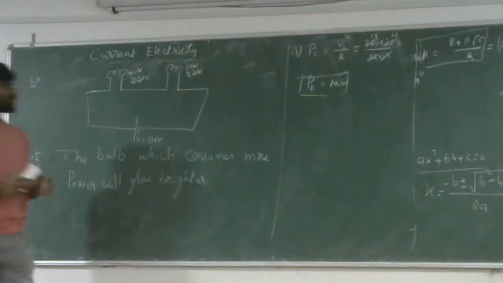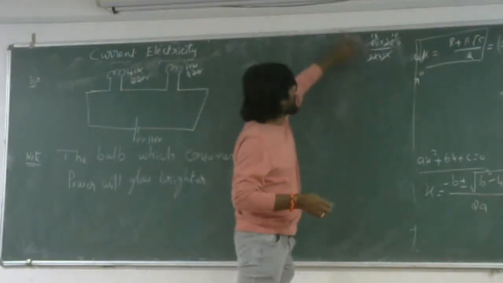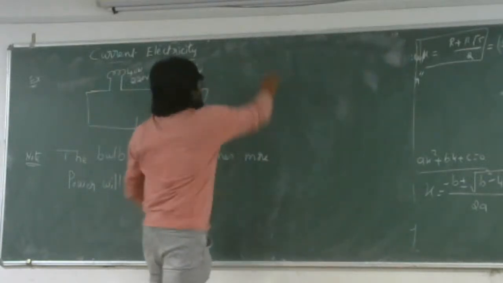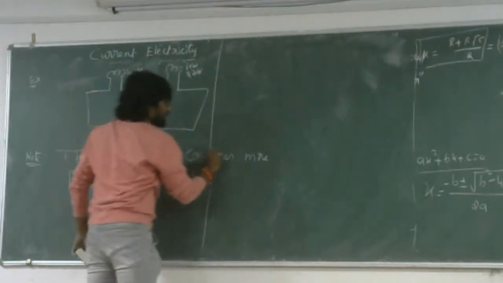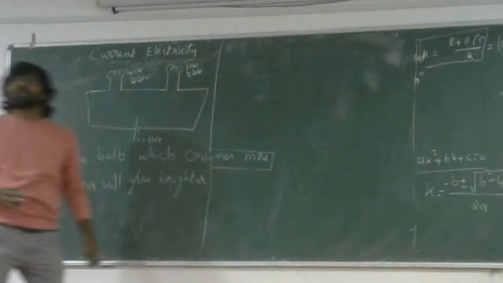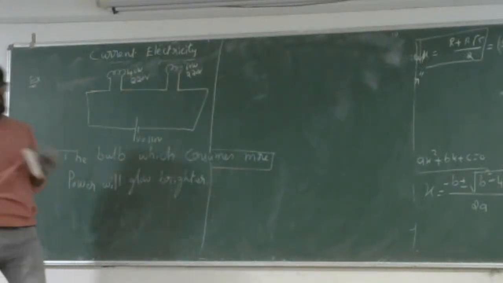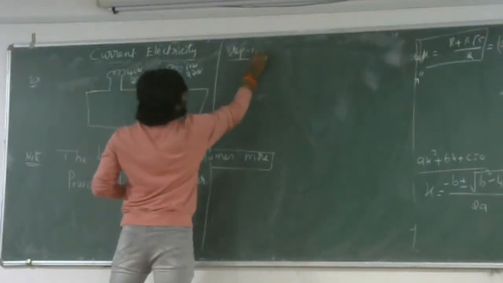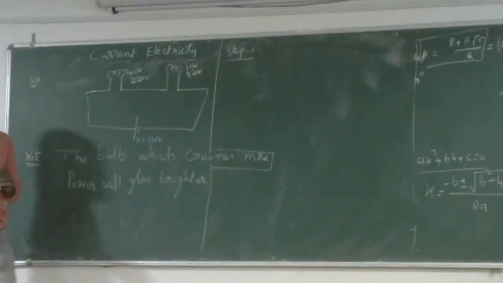So we have to follow a few points here. First, find the power consumed by each bulb. First you have to find the resistance of the bulb; simply, the resistance of the bulb is nothing but the rated resistance. Step 1: find the resistance of each bulb.